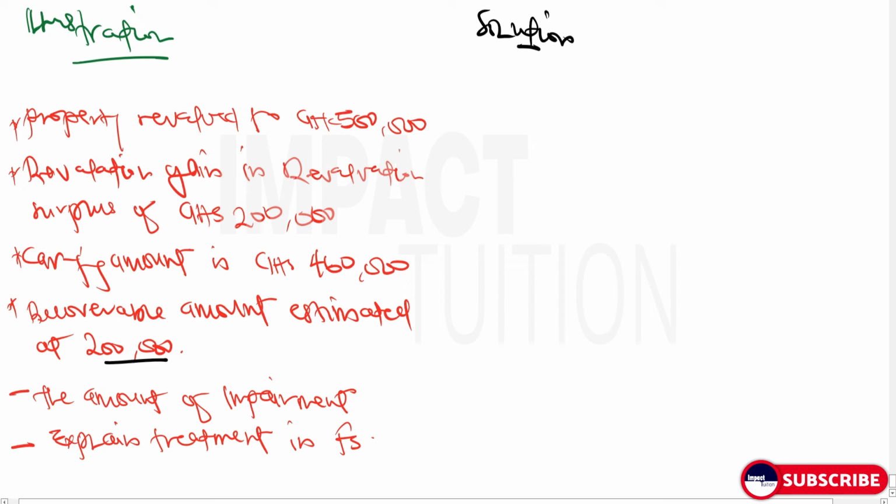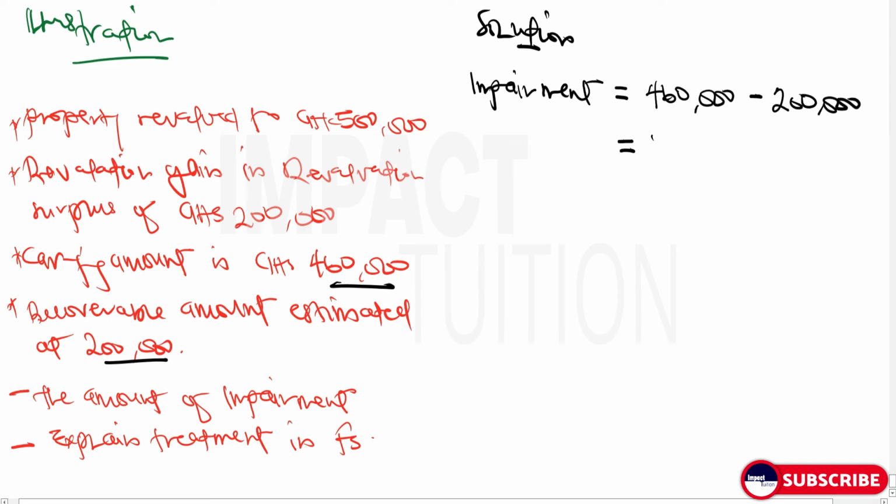The carrying amount of the asset is 460,000, so our impairment is equal to 460,000 minus 200,000, which is equal to 260,000. This is our impairment. Now, how will this impairment be treated in the financial statements?